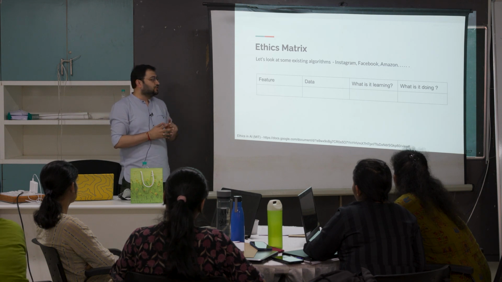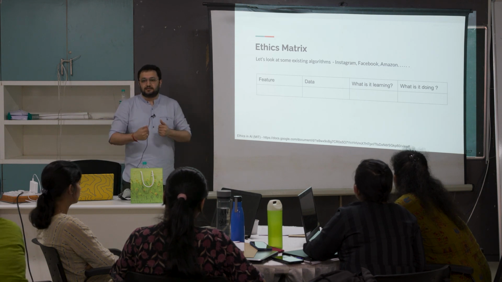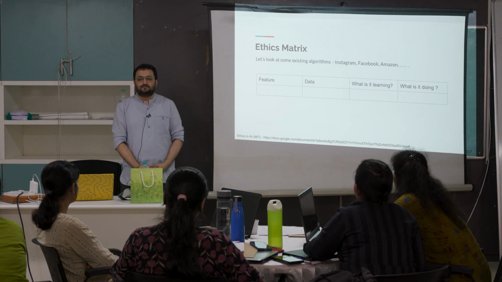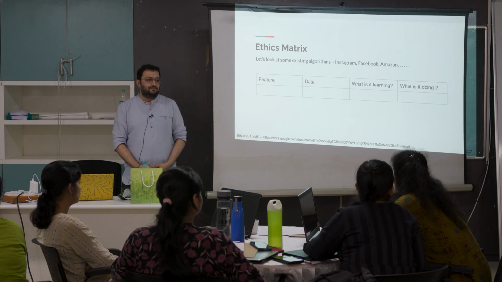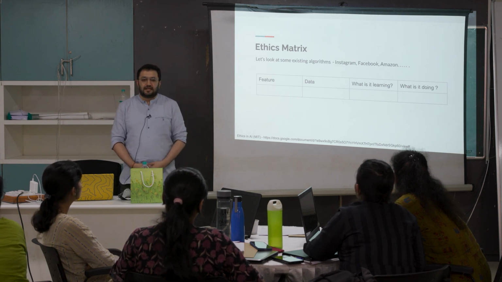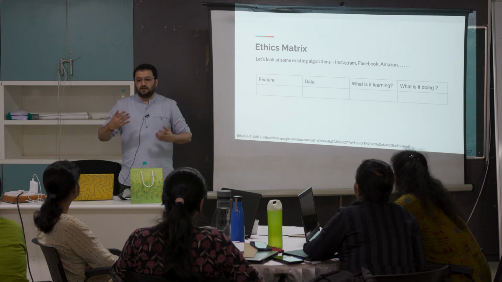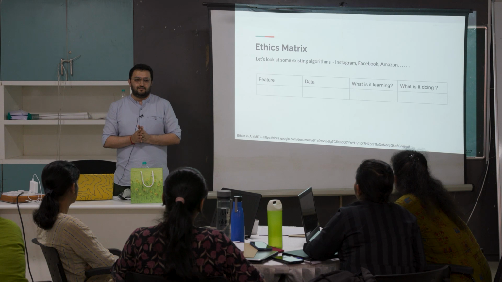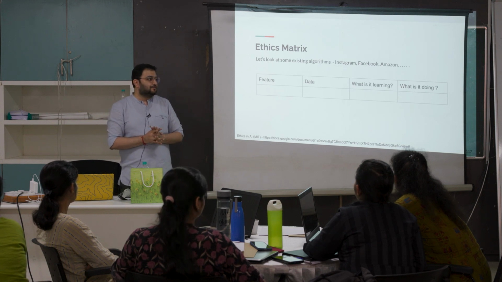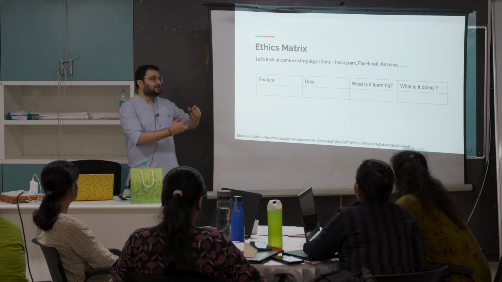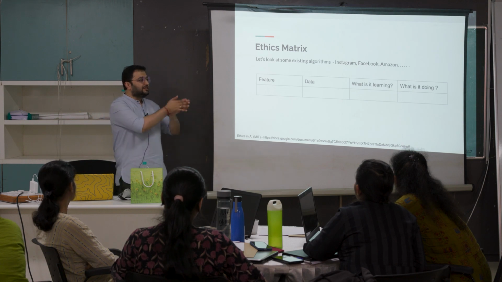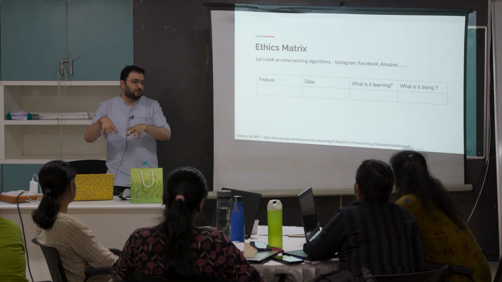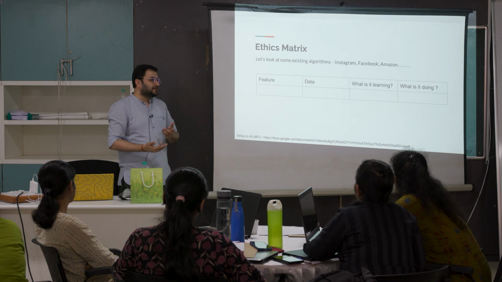So any thoughts on what this ethics matrix actually makes you do? When we did the YouTube ethics matrix, what is it that we have realized? Yeah, so with that realization of how to keep the user on the platform, what is the thing that we are getting to?